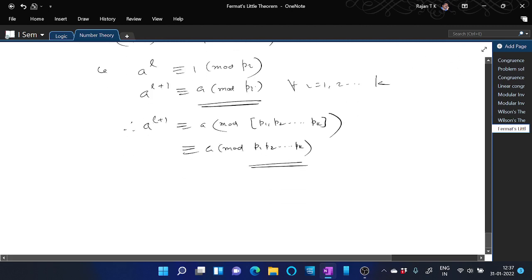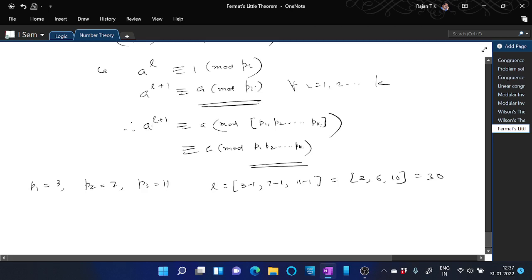That is the final result. So, to verify this result, let us take P1 equal to 3, P2 equal to 7, P3 equal to 11. Here L is actually the LCM of P1 minus 1, that is 3 minus 1, P2 minus 1, 7 minus 1, 11 minus 1, which is 2, 6, 10. LCM of 2, 6, 10 is 30.